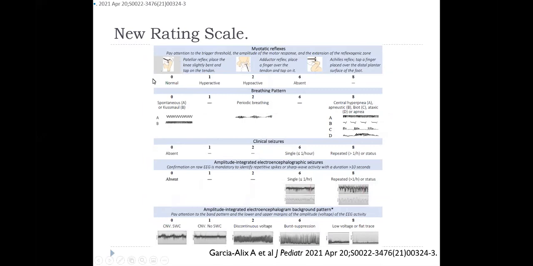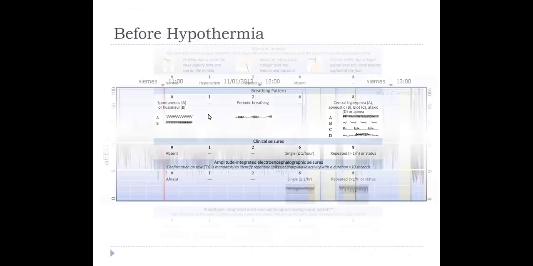I think this new rating scale is very important and a very strong predictor, and we can distinguish perfectly between mild and moderate encephalopathy. With severe encephalopathy, we don't have problems recognizing this kind of clinical picture.